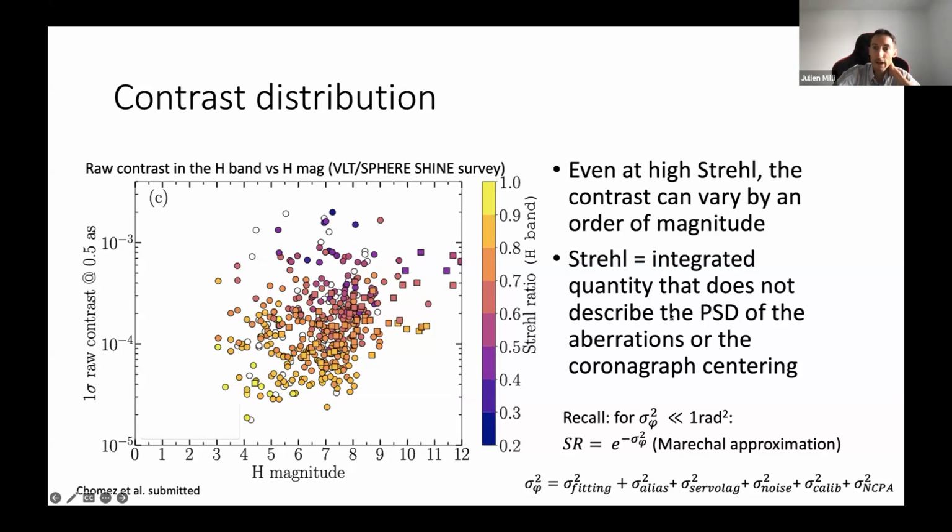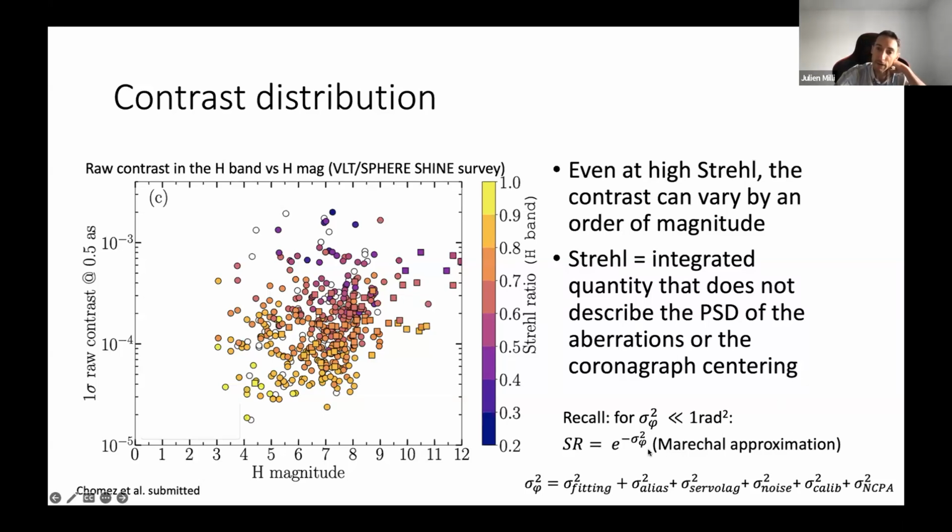And the reason for that is that the Strehl is really an integrated quantity. It tells you how much wavefront error you have, but it doesn't tell you where this wavefront error happens, at which spatial frequency. And to know that, you really need to look at the power spectrum distribution of the wavefront error if you want to understand where your error comes from.